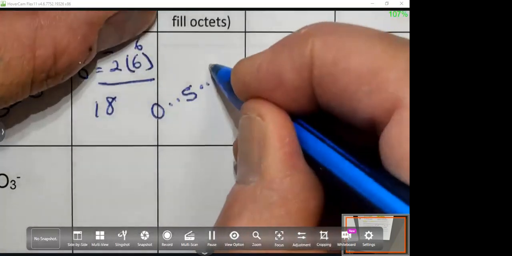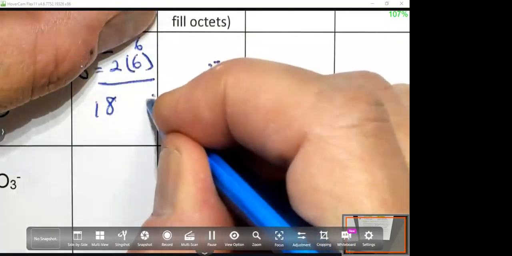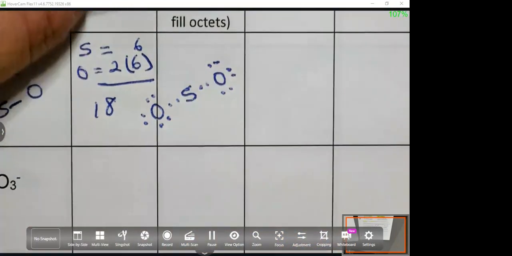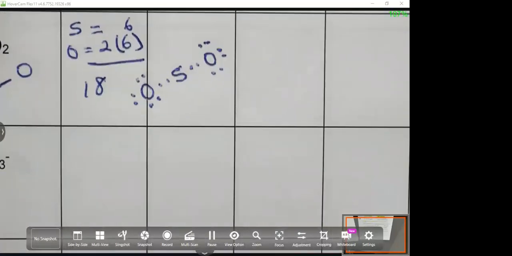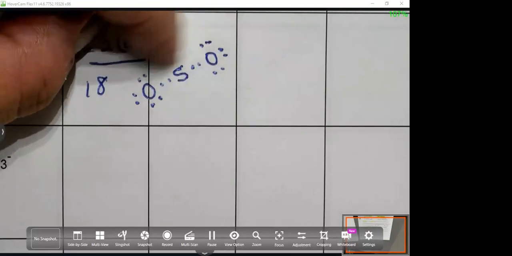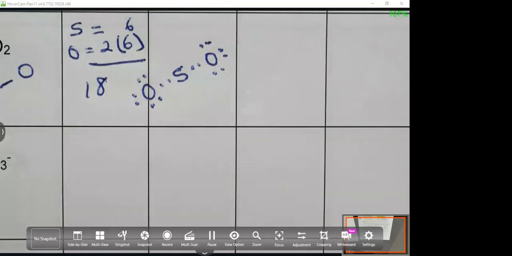So if I do that, oxygens are happy. Sulfur is not. But I've got how many electrons so far? I've got 16 out of my 18, correct? So on my next step, I got to do this first.